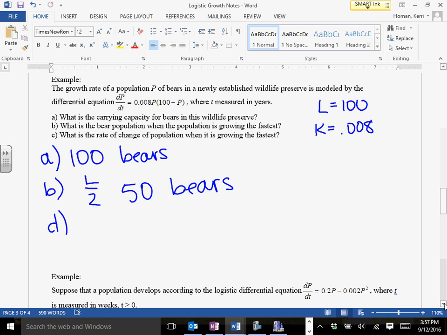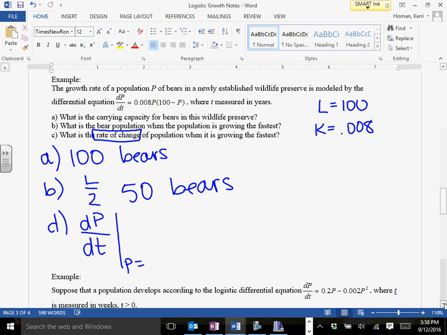What is the rate of change of population when it is growing the fastest? Okay. Rate of change should be a trigger word for you. That means we are talking about the derivative. dP/dt evaluated at 50, whoops, not T. Evaluated at 50 bears.